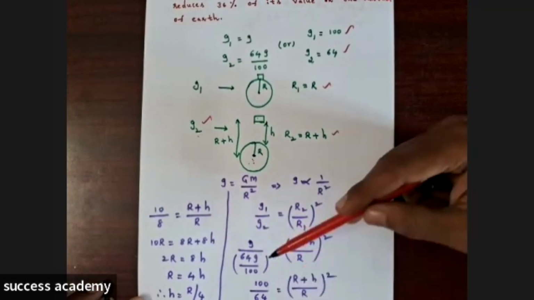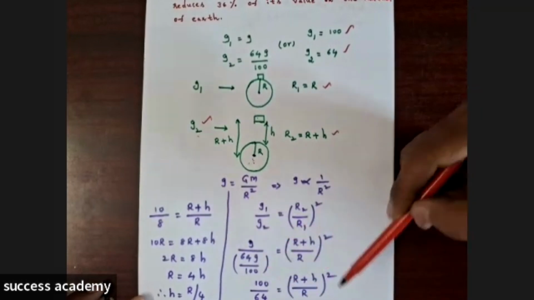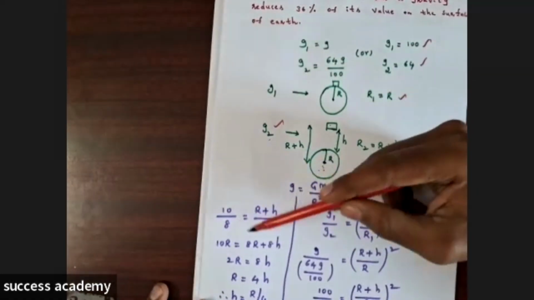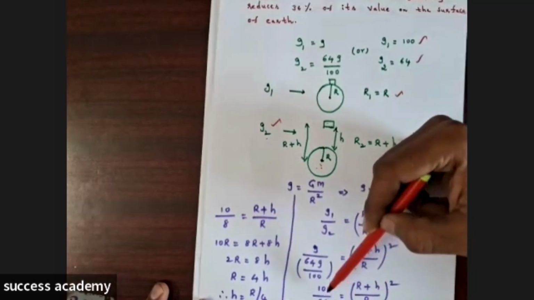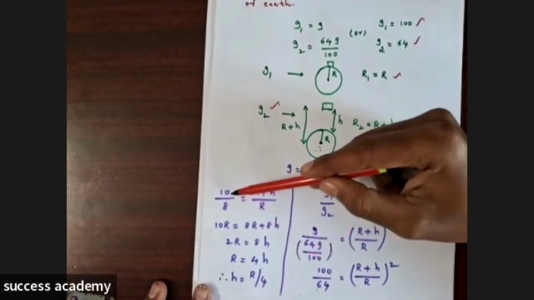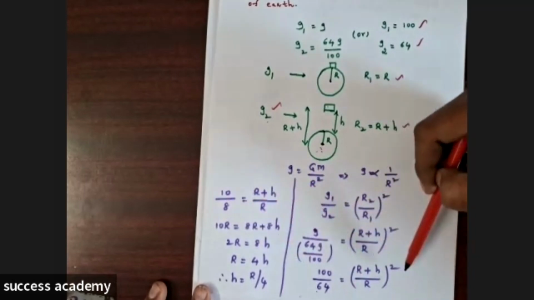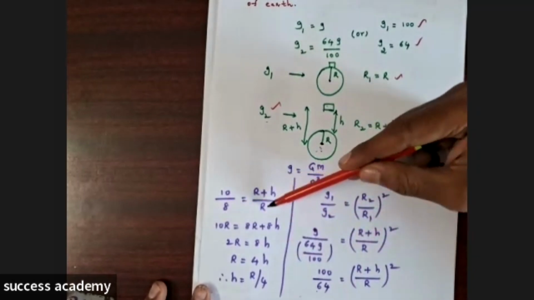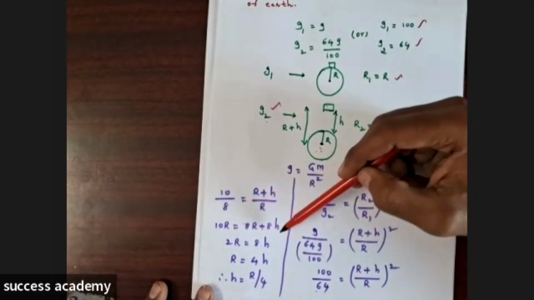g, g get cancelled. 100 by 64 moves to the numerator, and then remove the square by taking the square root. Root 100 is 10, root 64 is 8. So 10 by 8 is equal to R plus h by R. Cross multiplication: 10R is equal to 8R plus 8h.